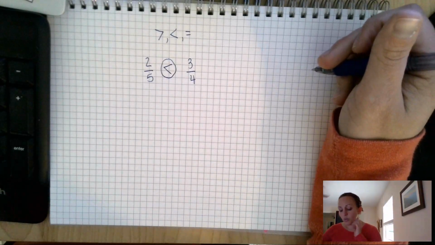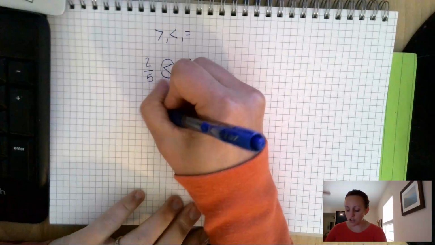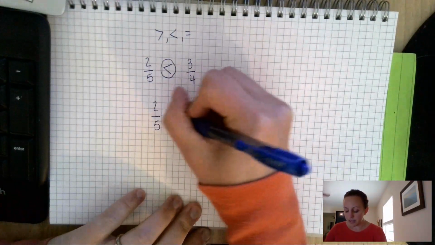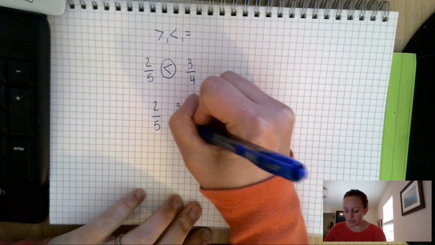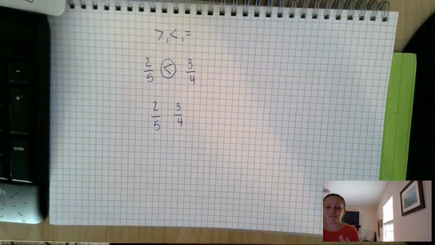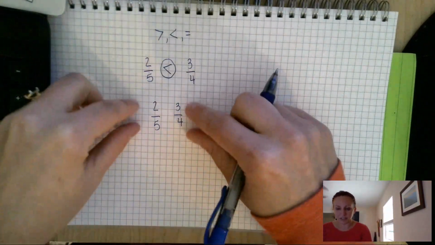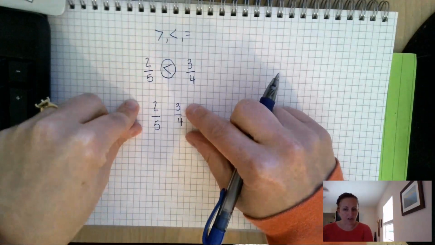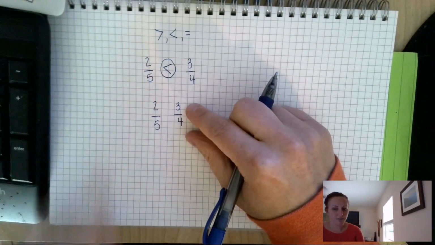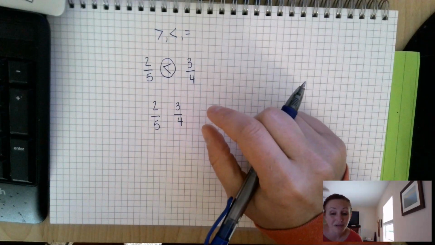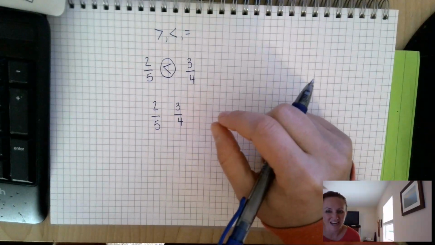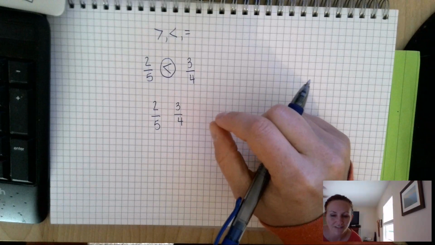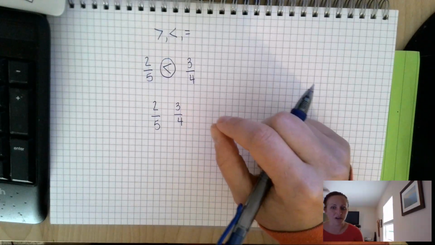So what am I going to do? I have 2/5 and I have 3/4. I want to find fractions equivalent to 2/5 and 3/4 that have the same denominator, because if I have the same denominator, I know that my pieces are all the same size. Then all I have to do is look at the numerator and find the bigger number.